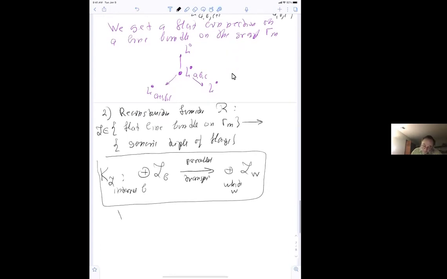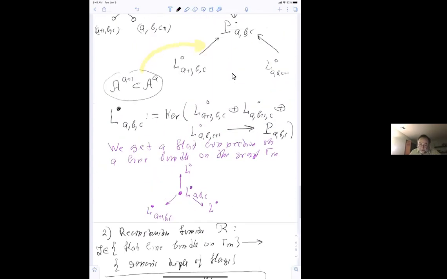All we need to do is to take the co-kernel of this operator. And this is our vector space, m-dimensional vector space.